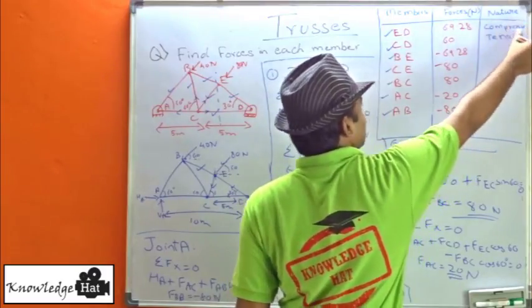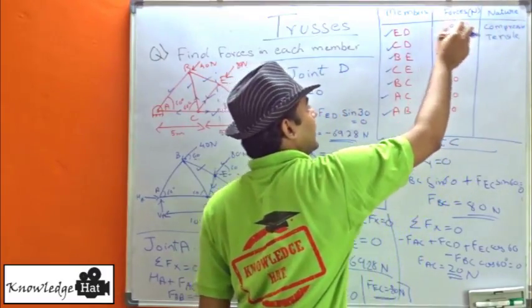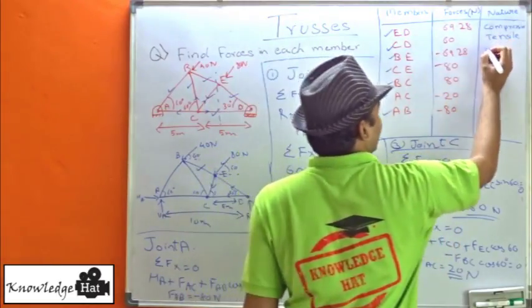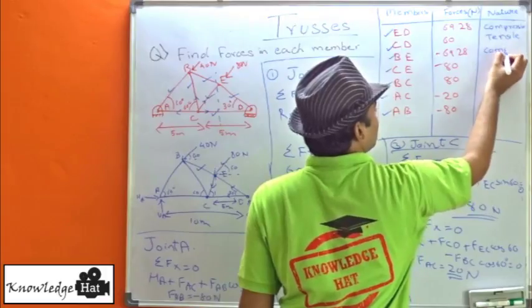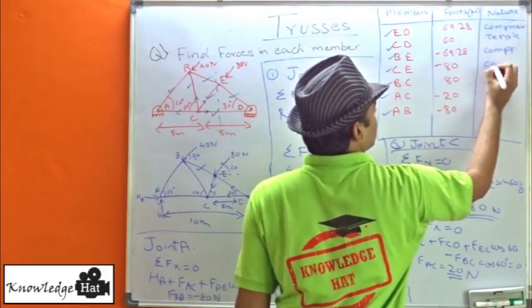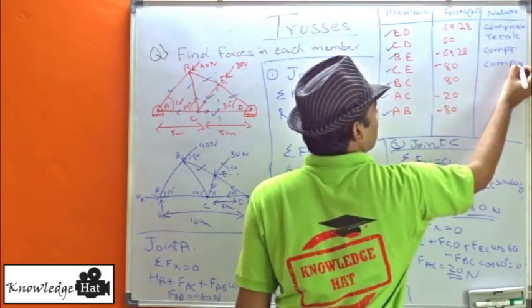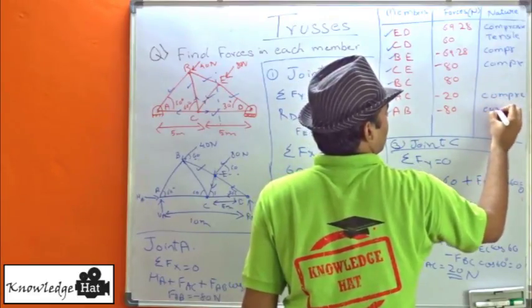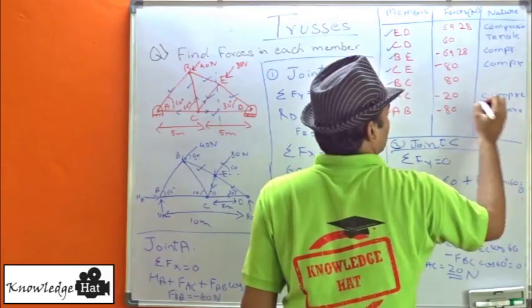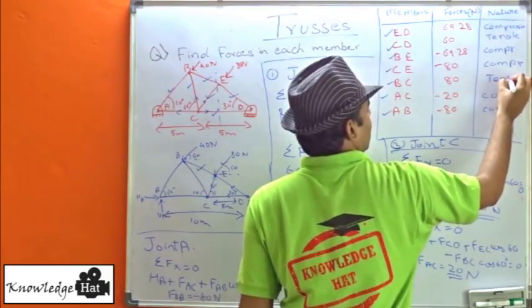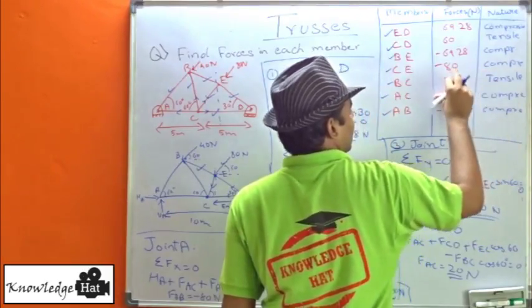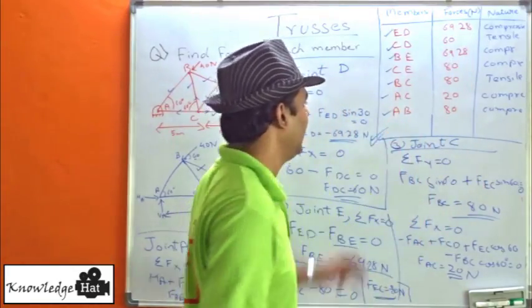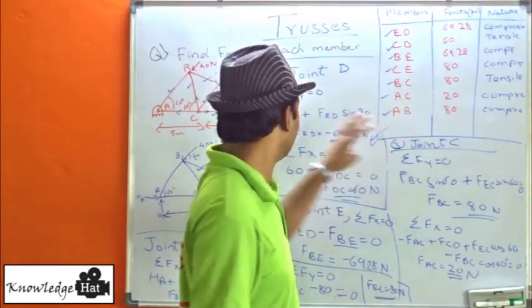The compressive force itself indicates that this force is in negative direction, so it is opposite of the assumed direction. This is also negative, so this will also be compressive. This will also be compressive. These two also. And this one is tensile. And once you make these entries, these negative signs go. So this is how the final answer of the entire sum looks like.